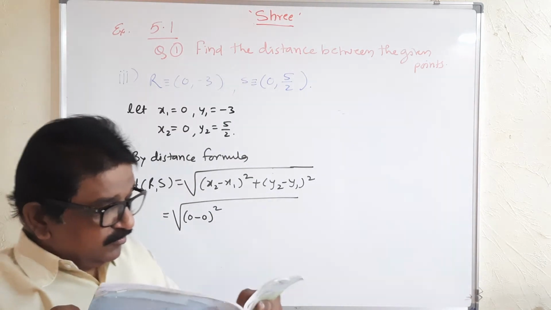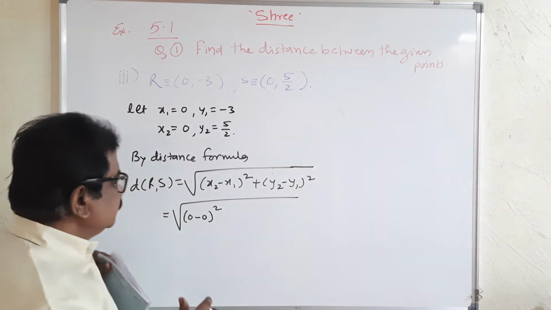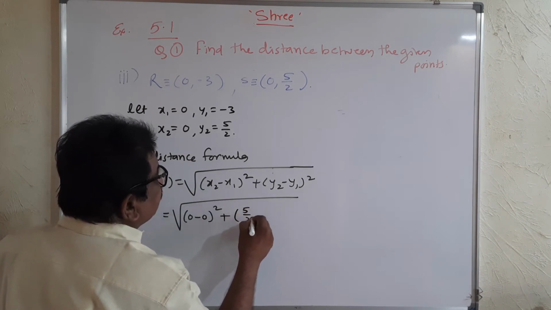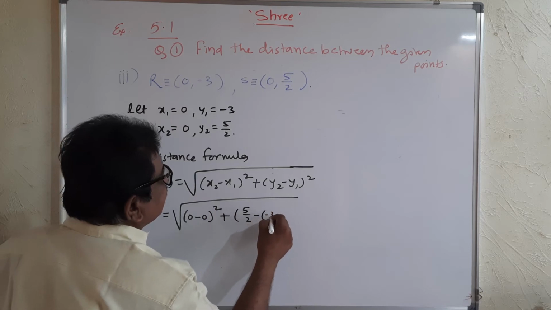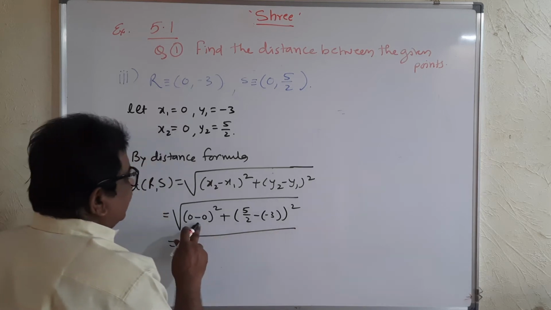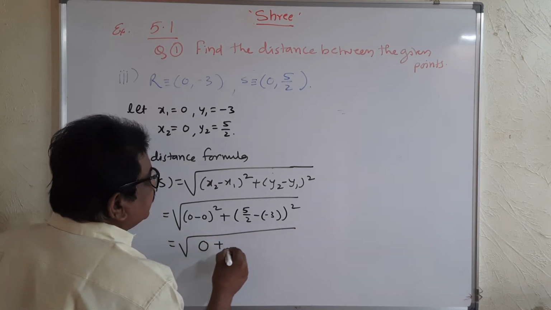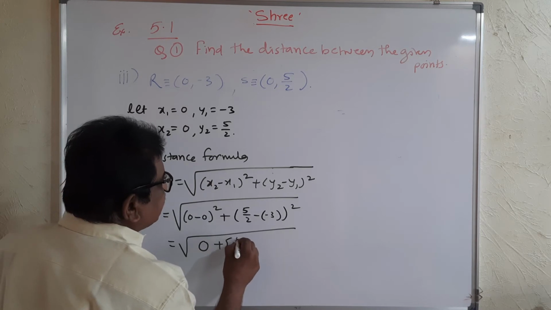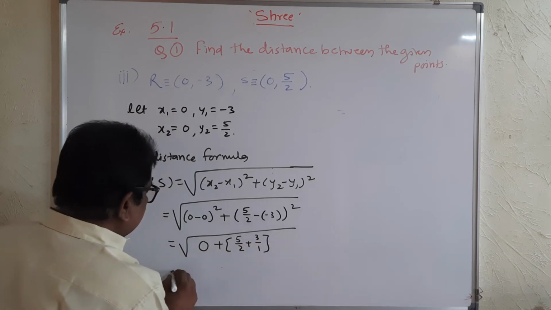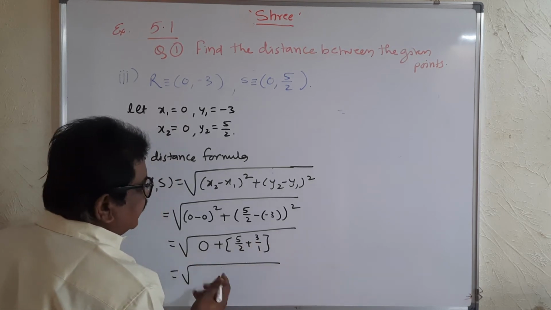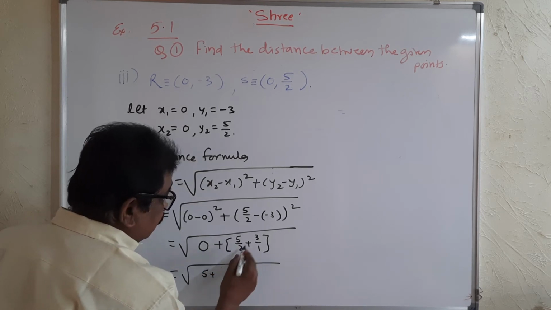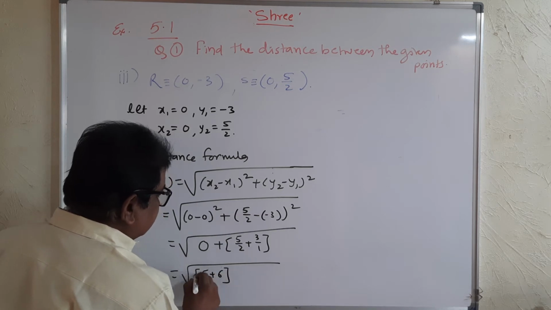They have given it. We can't do anything. 0 minus 0 the whole square. Plus, what is y2? It is 5 upon 2 minus 3 the whole square. This term does not have any meaning. So 0 plus, by cross multiplication, 5 upon 2 plus 3 upon 1, don't write this 0 again. So 1 5 is a 5 plus 2 3 is a 6 the whole square.